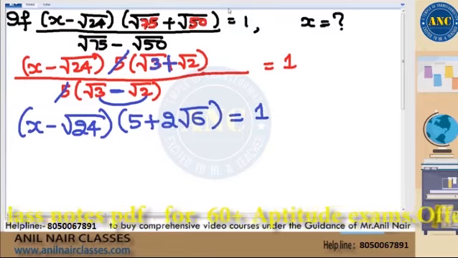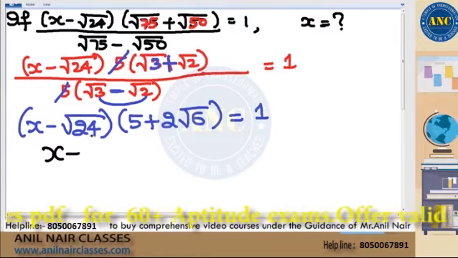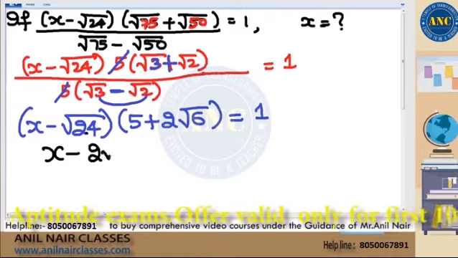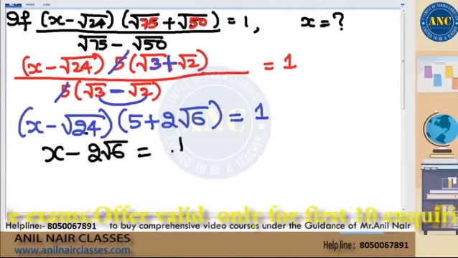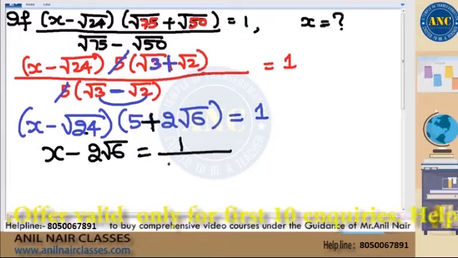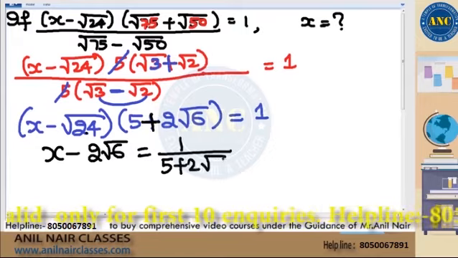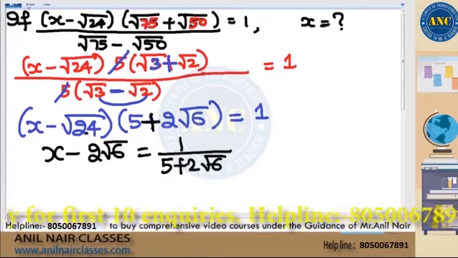Now can I again say it as x minus root 24, which is 4 into 6, which is 2 root 6, is equal to 1 divided by 5 plus 2 root 6?